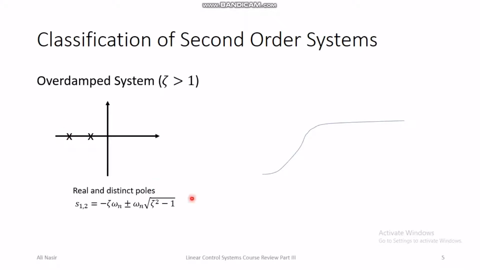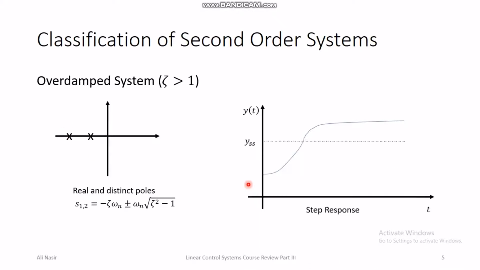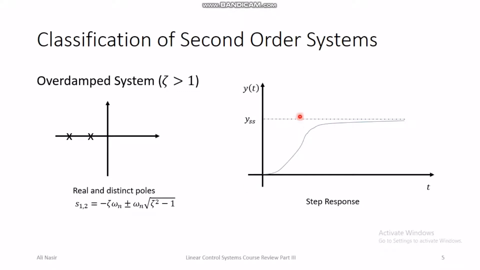The step response of this type of second order system is very similar to the step response of the first order system, where there is no overshoot and it settles down to its steady state value eventually. But there is a key difference between the response of a second order overdamped system and that of a first order system, and that key difference is right at the beginning of the response. At the beginning, the first order system goes straight away like this, with non-zero slope.